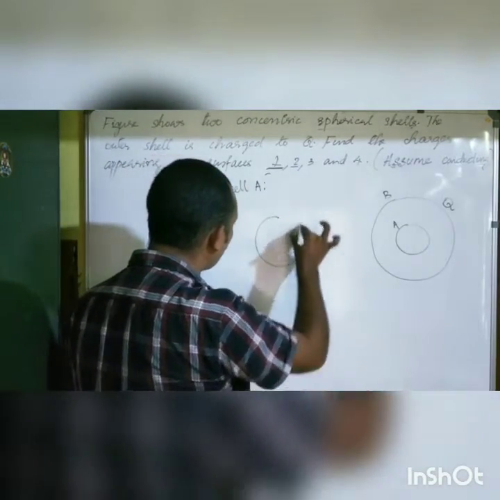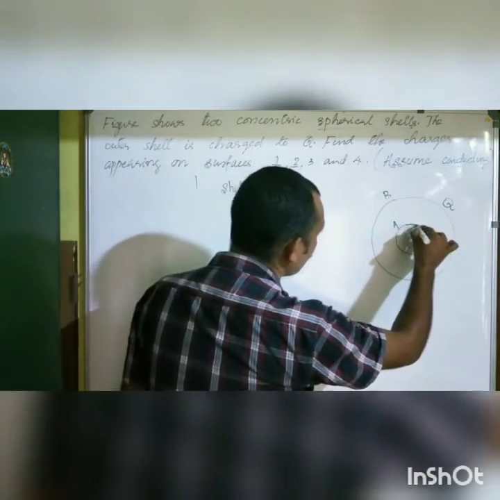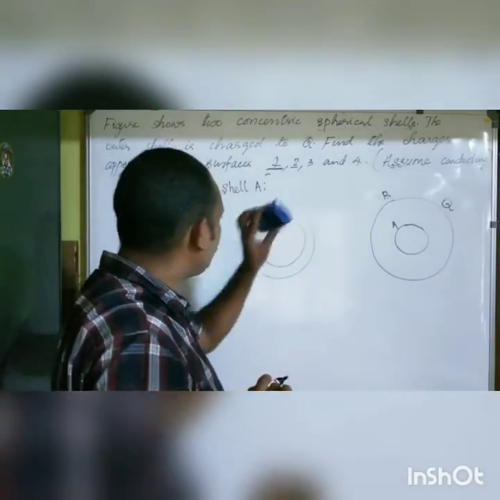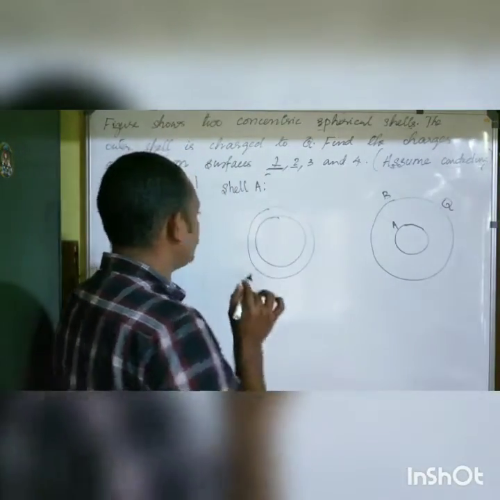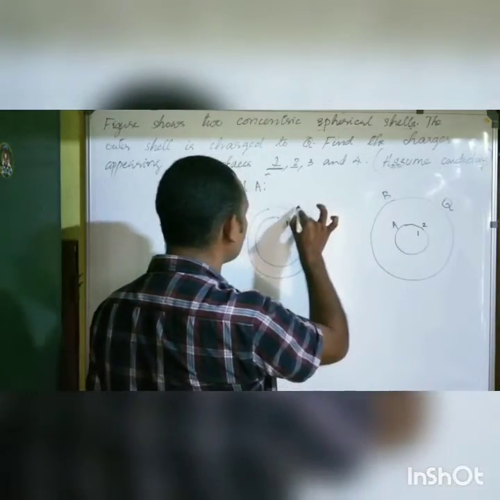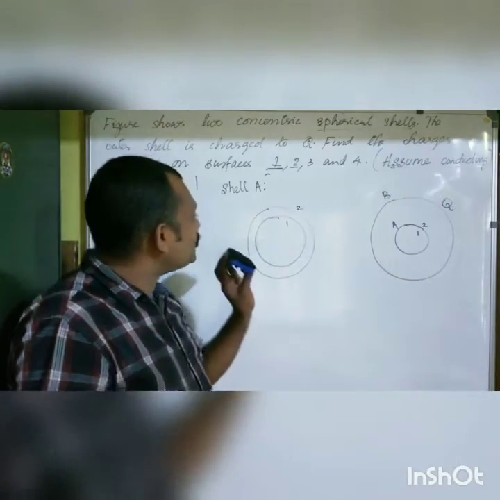For our knowledge, although this is a shell, it will have some kind of thickness that I will take into consideration. Shell A is taken into consideration. So this is surface 1, this is surface 2. What is the total charge on shell A?